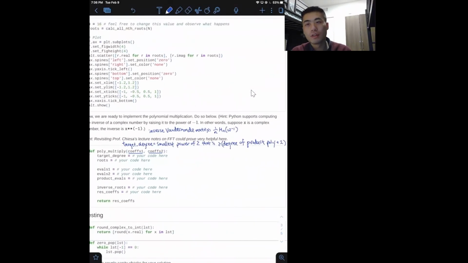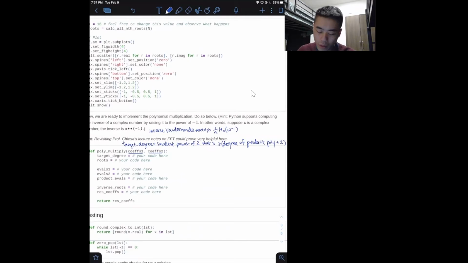A brief overview of how we're going to do that: we convert both polynomials from coefficient representation into value representation using FFT. Then we take the pairwise product of these, and finally convert the value representation of the product polynomial back into its coefficient representation and return that as a result.